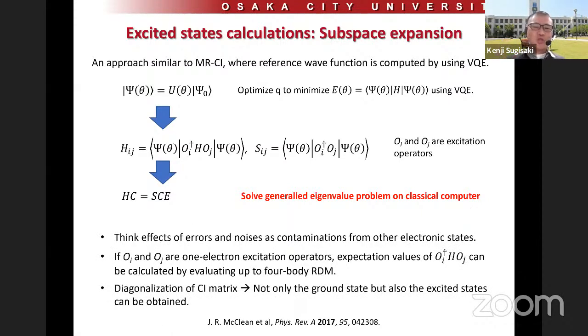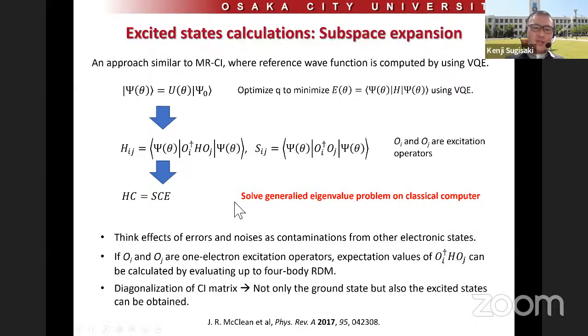Originally, this approach was proposed for error mitigation, but it can also be applied to excited state calculation. In this approach, we treat the effect of error or noise as a contamination from the other electronic states.